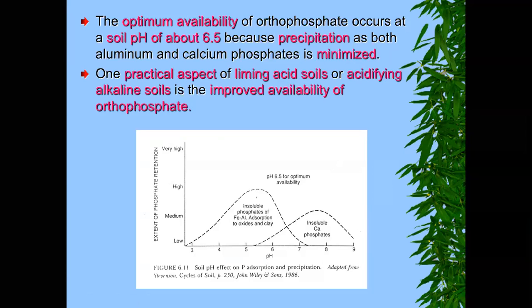So the optimum pH availability of phosphorus is at about pH 6.5. ठीक है, so दोनों फॉर्म में जो भी फॉर्म आप ले लें, दोनों फॉर्म्स की मैक्सिमम जो अवेलेबिलिटी है वो 6.5 पे होती है. So that's why we say that the optimum availability of orthophosphates is at pH of about 6.5.